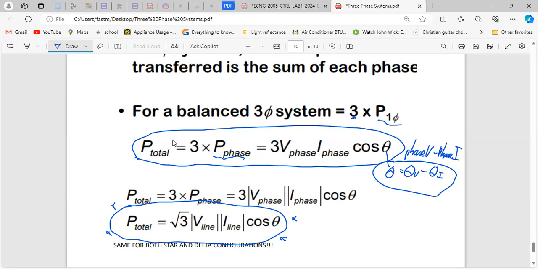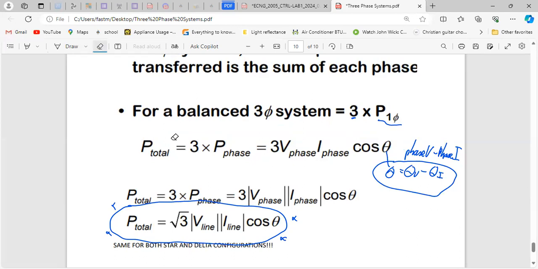Remember, whatever configuration they give you, whether they say star, you know for star, the I line is the I phase. So if they give you the phase, you automatically have the line. If they say delta, the phase voltage is equal to the line voltage. So if they give you the line voltage, you automatically have the phase voltage. So that's something to keep in mind, and you can work these equations depending on what values they give you.